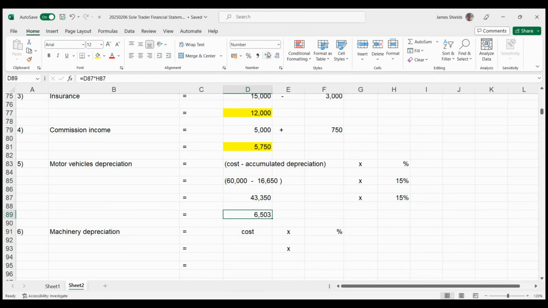I want to check that, there might have been a decimal there. Yeah, so here I've got a decimal, so I'm going to round it to the nearest whole number, and that's going to be £6,503. Again, I'm going to use that, so I'm going to highlight that.